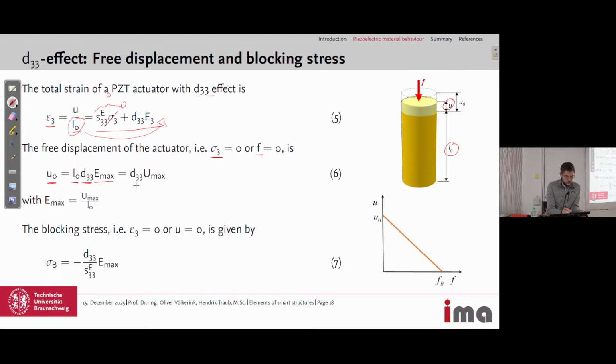And with Emax being Umax divided by L0, we can simplify it to D33, the characteristic value of the piezoceramic, times the maximum voltage we can apply. With this equation, we can then calculate the free displacement we can achieve.